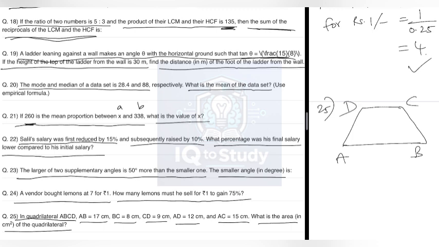Here AB is 17 centimeters, BC 8 centimeters, CD 9 centimeters, AD 12 centimeters and AC is 15 centimeters.